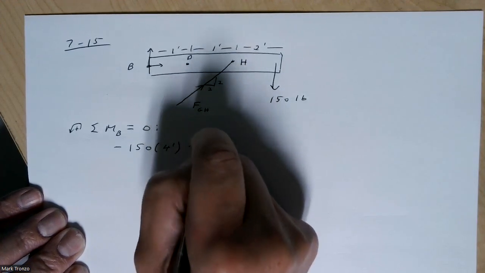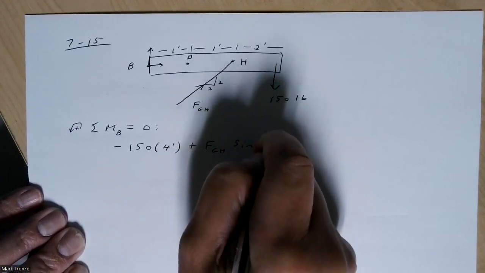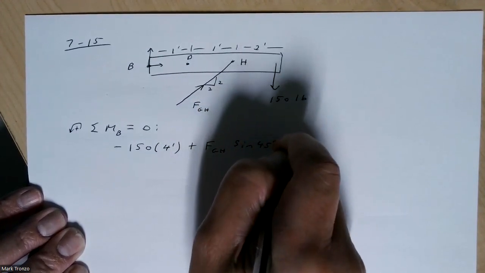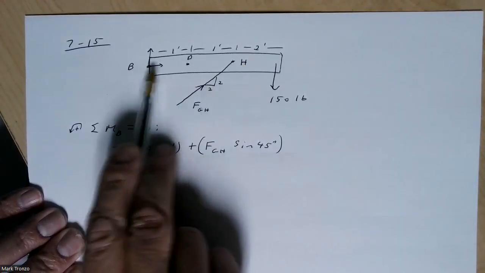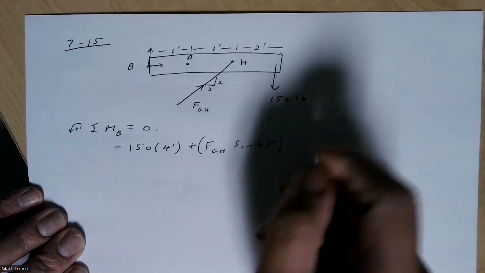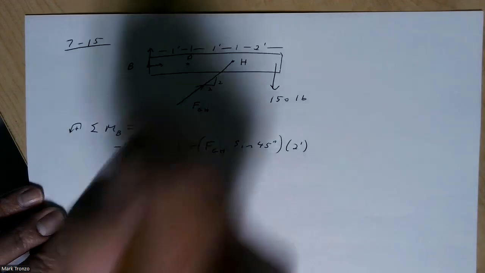That's going to be plus FGH times sine of 45 degrees, and the moment arm to that is going to be 2 feet. Again, just the stuff that you've done before.